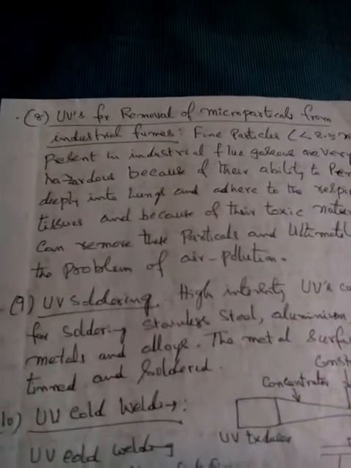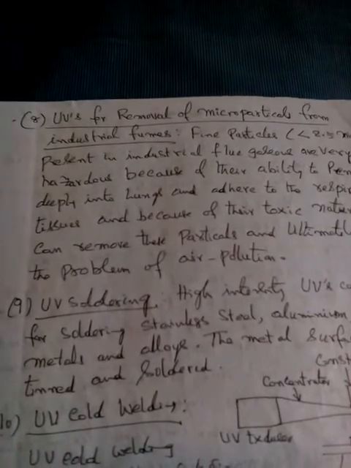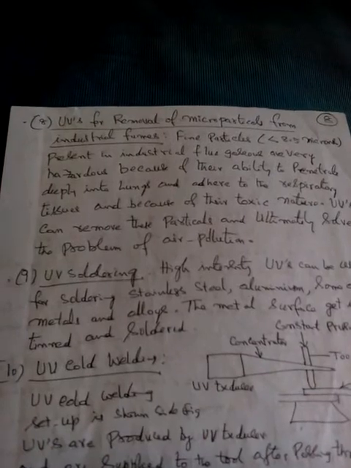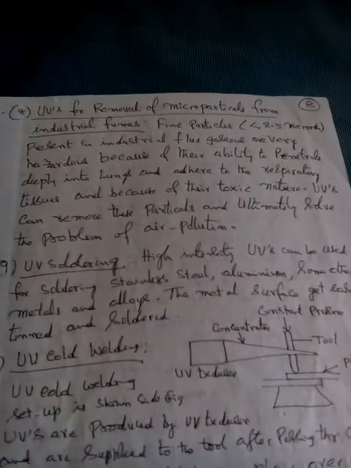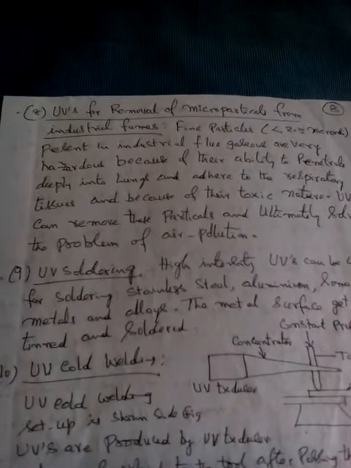So another important application of ultrasonic waves is ultrasonic wave soldering. High intensity ultrasonic waves can be used for soldering stainless steel, aluminum, some other metals and alloys. The metal surface gets easily tinned and soldered.